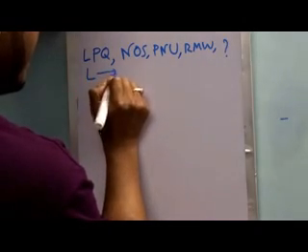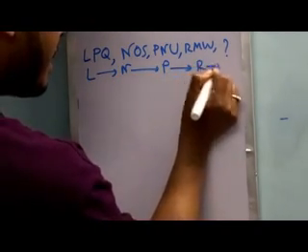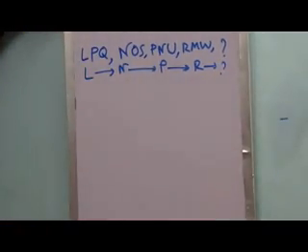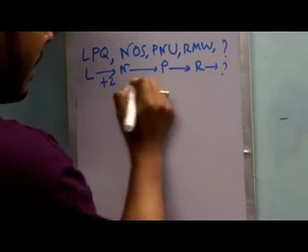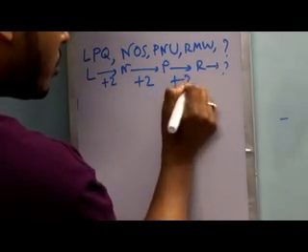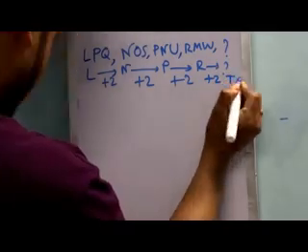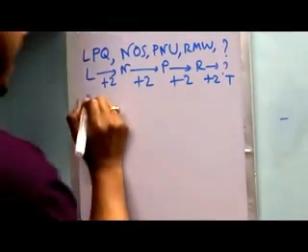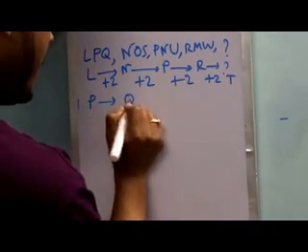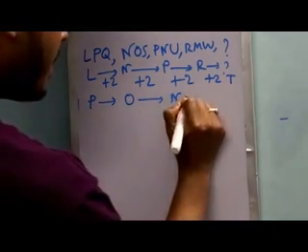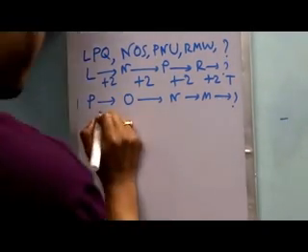L, N, P, R. So it's L +2 equal to N, then +2 equal to P, +2 equal to R, then it will be also +2 equal to T. Similarly, the middle letters of each part, P, O, N, M, are -1.